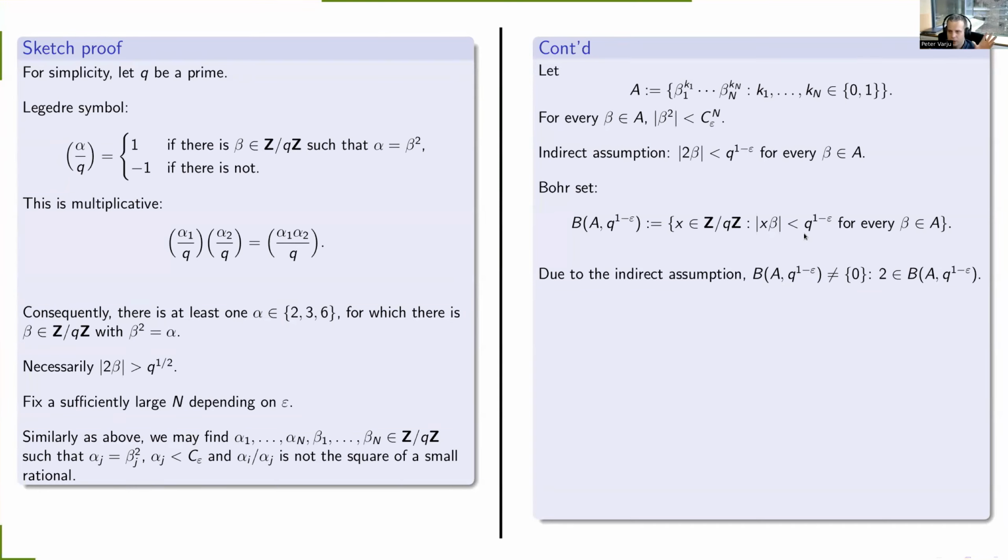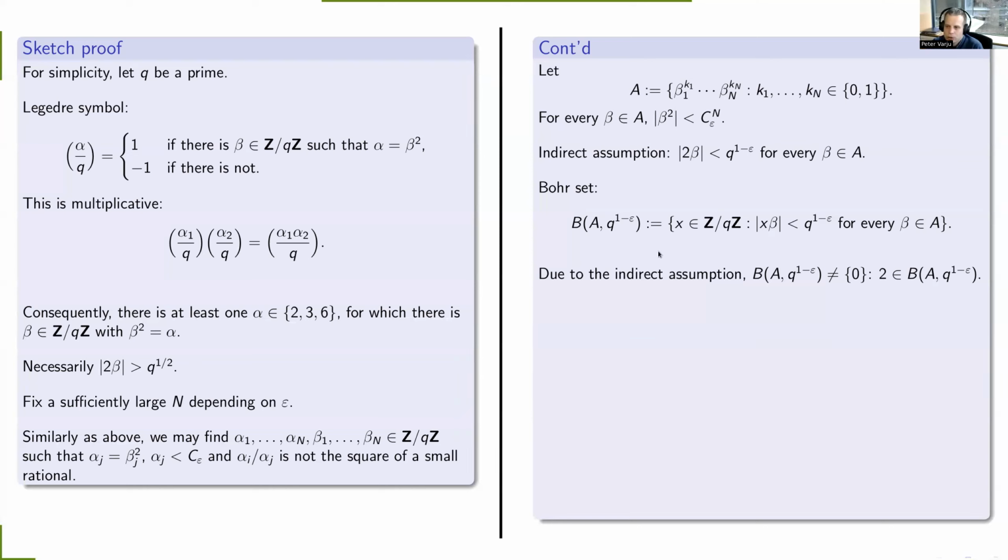Okay, so before I go any further, let me just say something about Bohr sets, how to think about these. So I call the set A the set of frequencies, and I call this number here, q to the 1 minus epsilon, the radius. So the way to think about this is that the set A lives on the Fourier space, and the x's live in physical space.